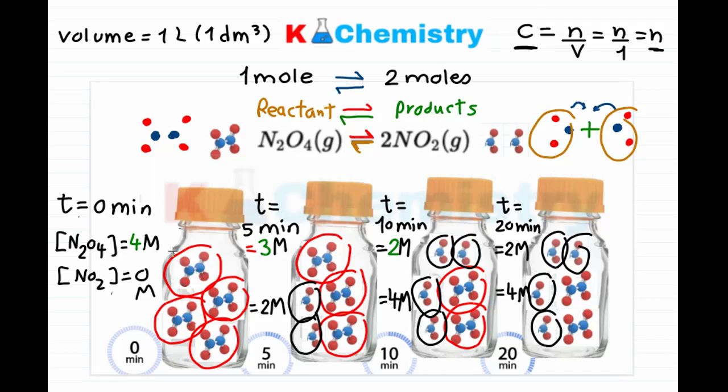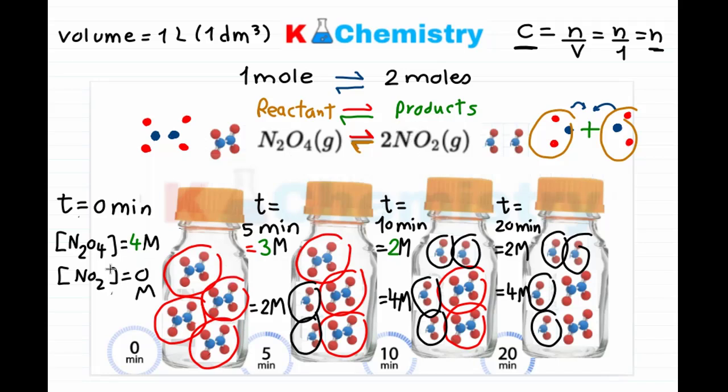If I have 1 mole, the concentration will be 1 molar, 2 moles, it will be 2 molars, and so on. So if we represented every molecule here in the drawing by 1 mole, I have 1, 2, 3, 4 moles of this N₂O₄ inside the container, and I still don't have any of the NO2 yet. It's not yet decomposed, so there is no NO2 formed yet.